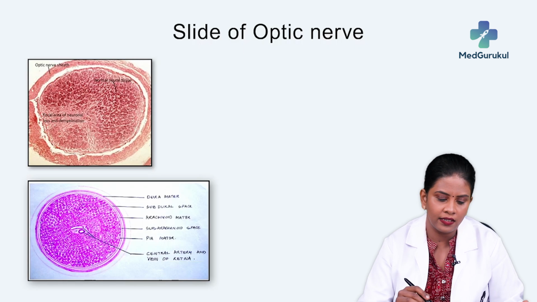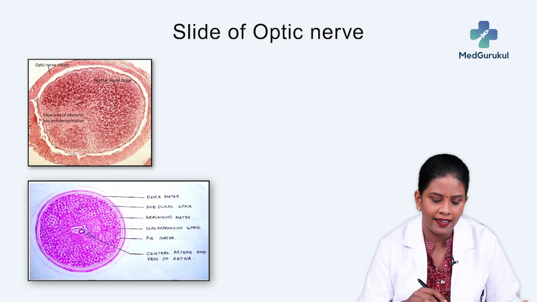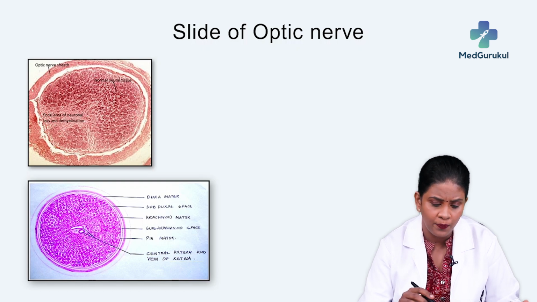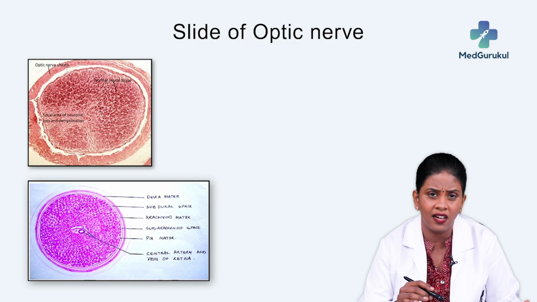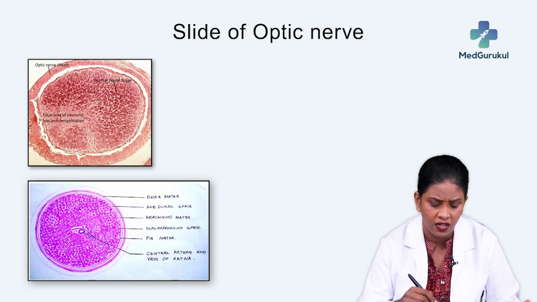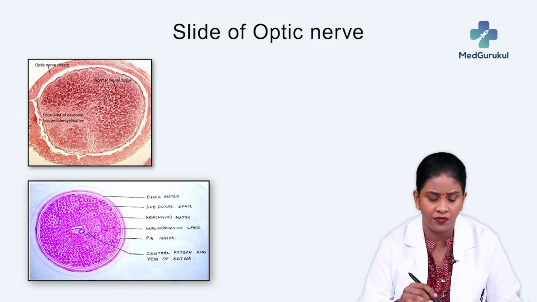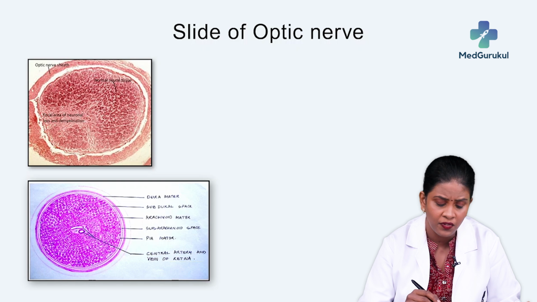So, here you can see the entire optic nerve, and you can see its coverings, and the identification feature for the optic nerve, in this picture it is very clear. You can see again the nerve bundles, likewise in the peripheral nervous system you can see nerve bundles, that is the axons which are separated by the connective tissue layers, yes.